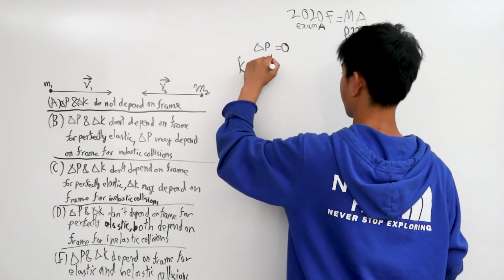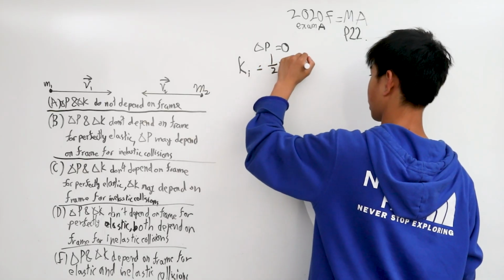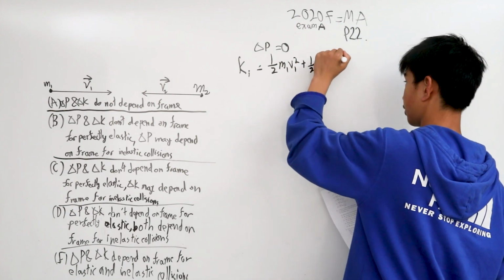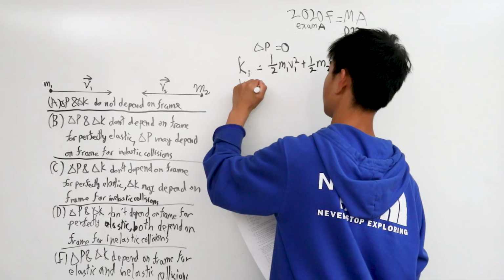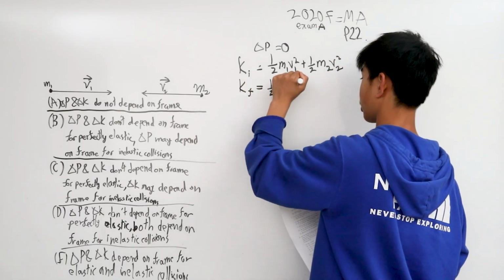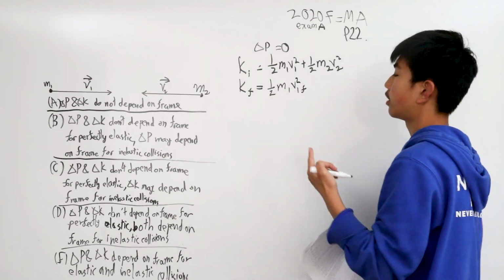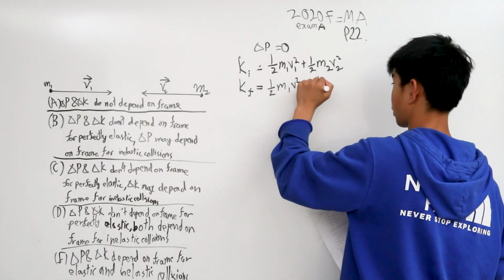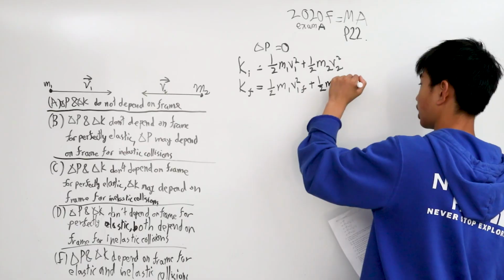So this is 1/2 m1 v1 squared plus 1/2 m2 v2 squared. Then kinetic energy final is 1/2 m1 v1f squared, where the f denotes the final velocity after the collision, plus 1/2 m2 v2f squared.